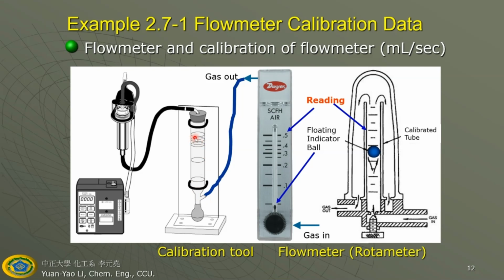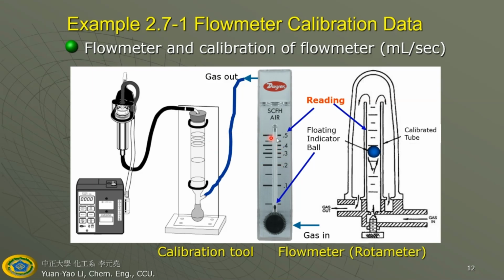So if we know the volume from here to here, for example 50 milliliter, and we know this bubble runs from here to here in 10 seconds, then 50 divided by 10 will be the flow rate, right? That will be 5 milliliter per second.